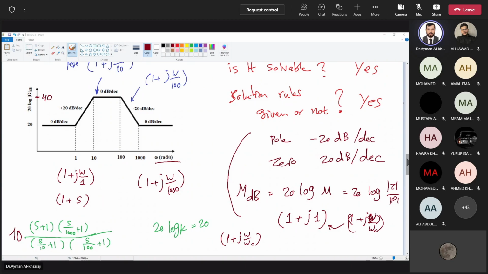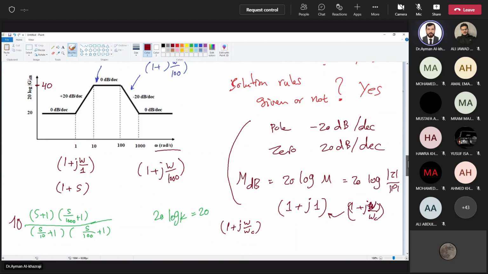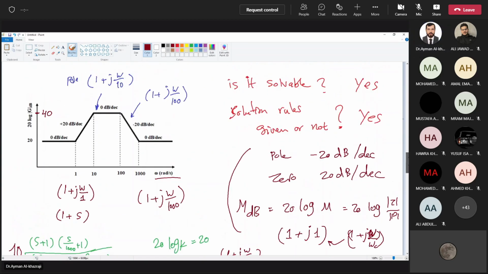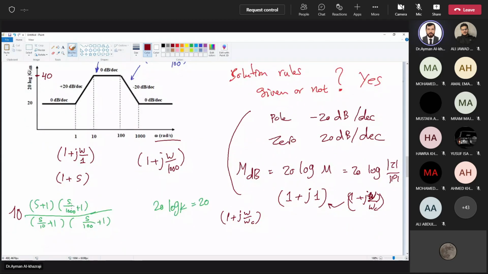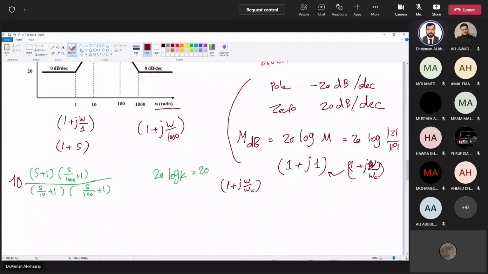If you find this, for example, you can also find the plot of the phase angle. You can write simply the angle of GH equal.